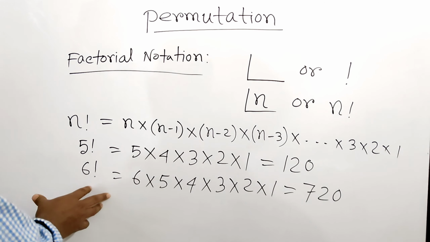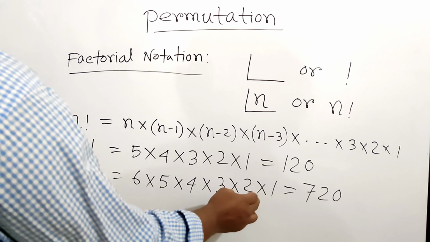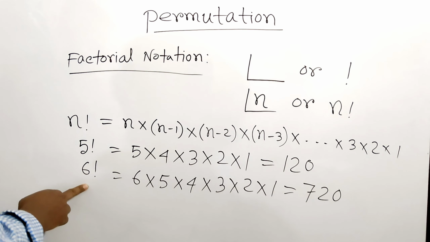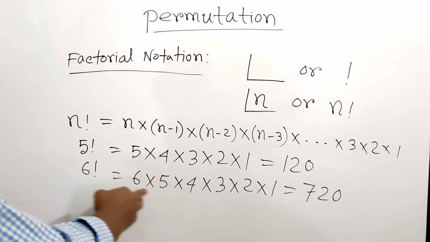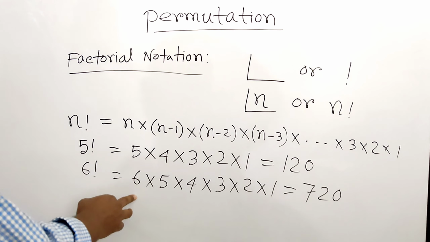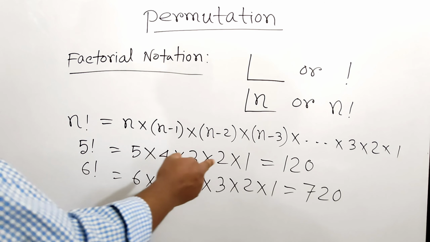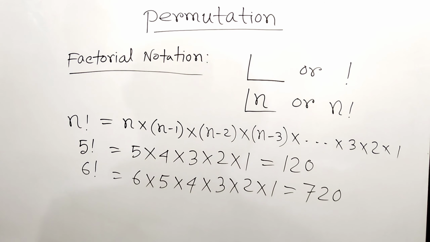That means you multiply all the numbers up to the given number. For 6 factorial, we multiply 1 to 6. For 5 factorial, we multiply from 1 to 5. Okay, so this is the factorial.